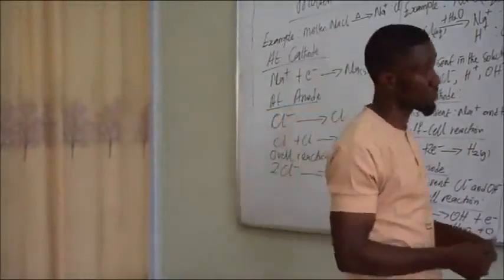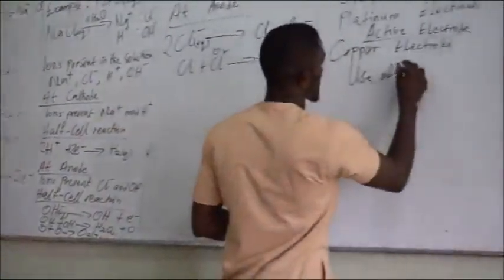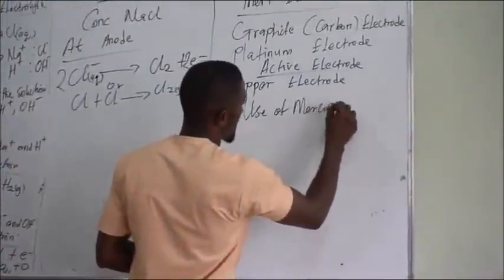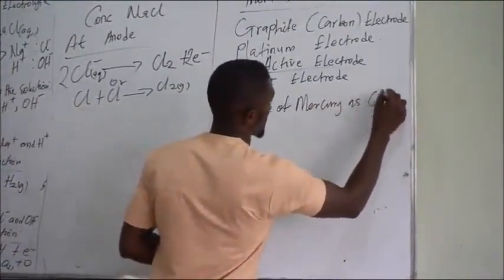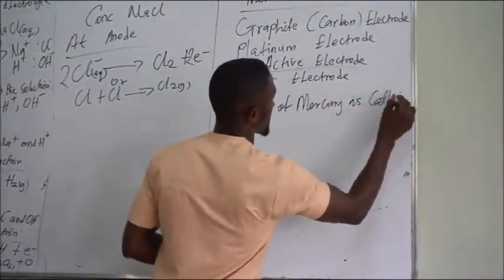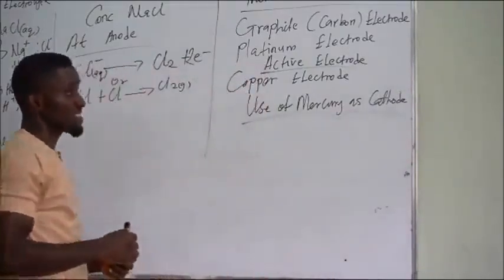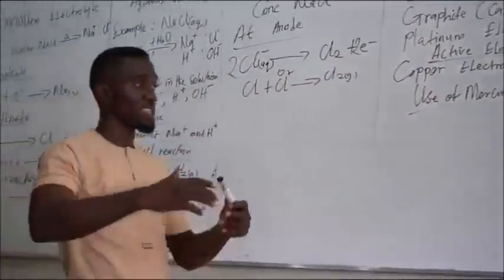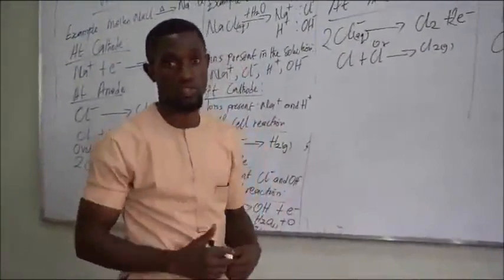Then use of mercury as a cathode. Now this one affects the cathode electrode.